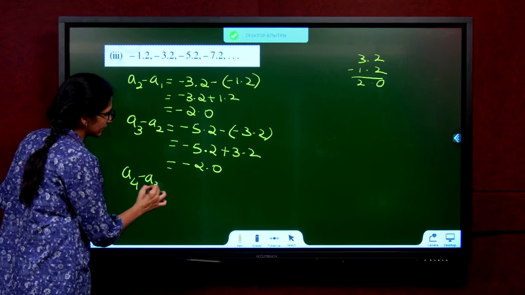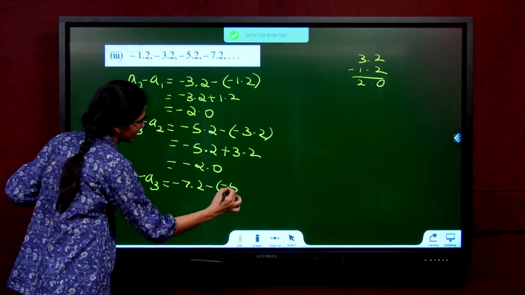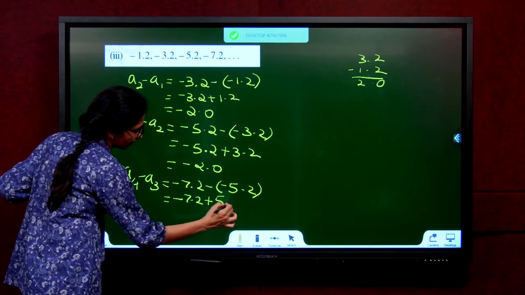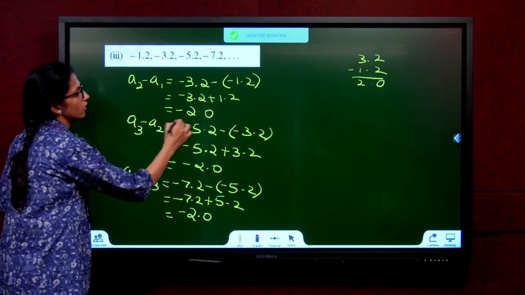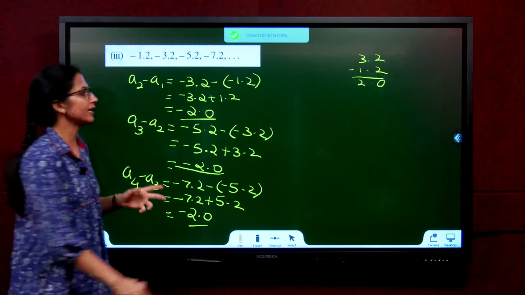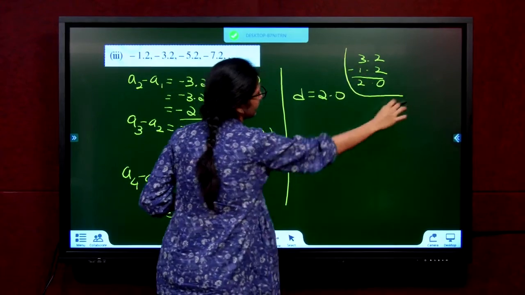A4 minus A3. A4 is minus 7.2 minus of minus 5.2, minus 7.2 plus 5.2. Check, you will again see you are getting minus 2.0. In all the cases I got minus 2.0. It has a common difference D, which is minus 2.0. Hence it is an AP.